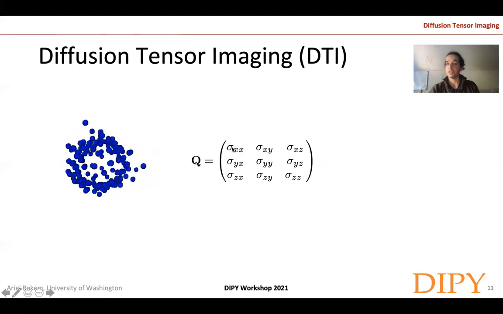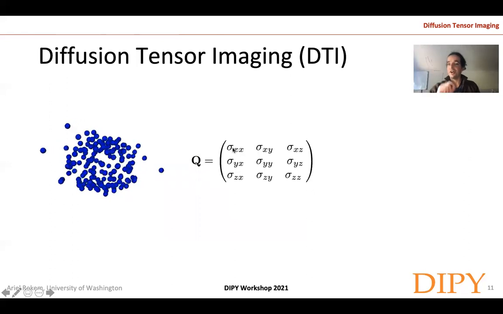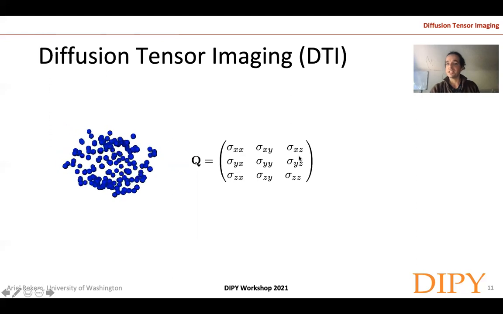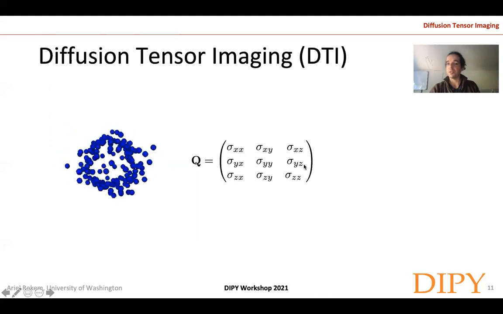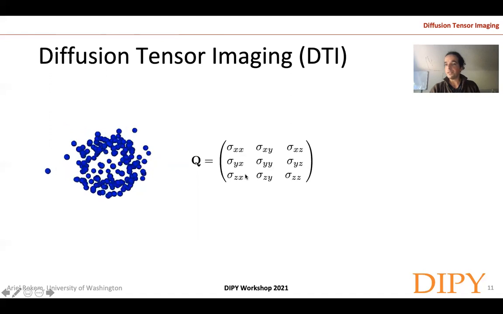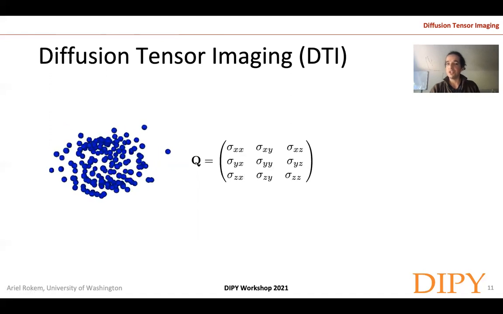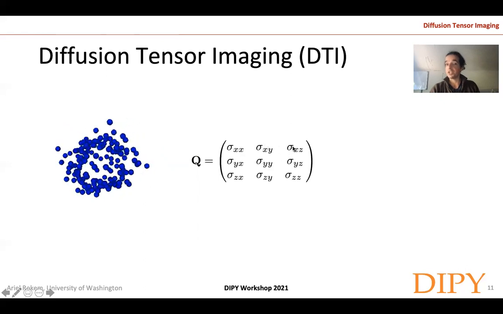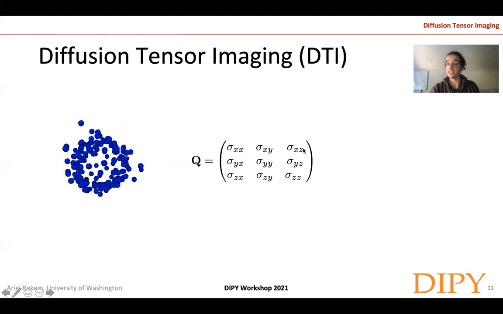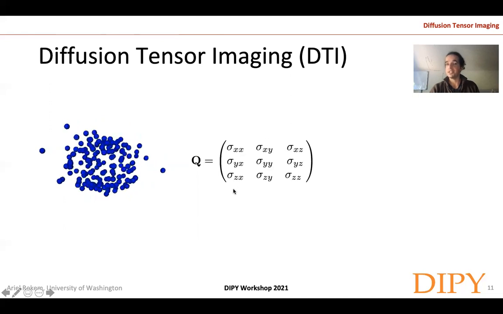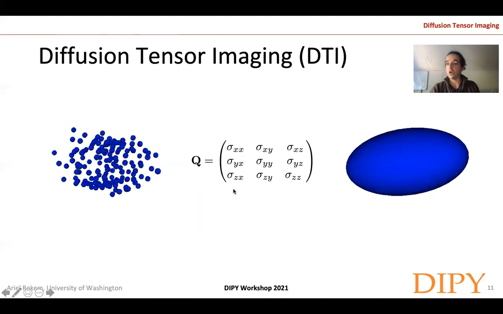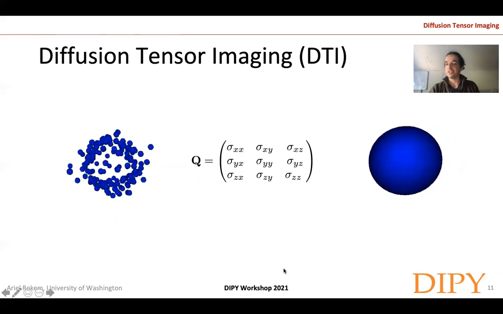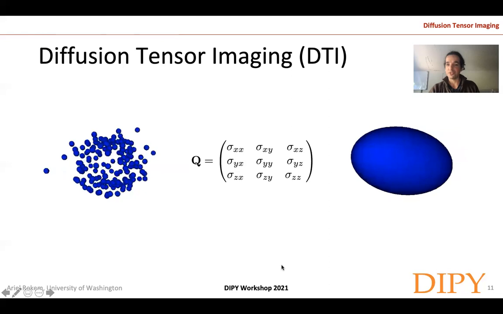So, for example, this will be the variance of diffusion along the x-axis, the variance of diffusion along the y-axis, and the variance on the z-axis. And then there are 3 covariance elements. You'll notice that because of the way that diffusion MRI is measured, the lower triangle and the upper triangle are actually identical. That's because the covariance xz is the same as the covariance zx. And so our model provides us with this kind of smooth representation of the original data. You can see this is a pretty good model of the original data.